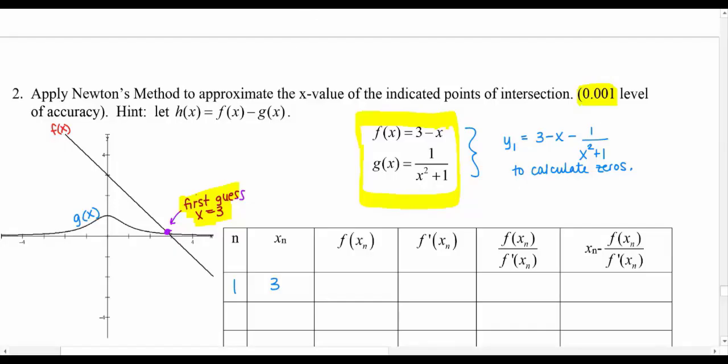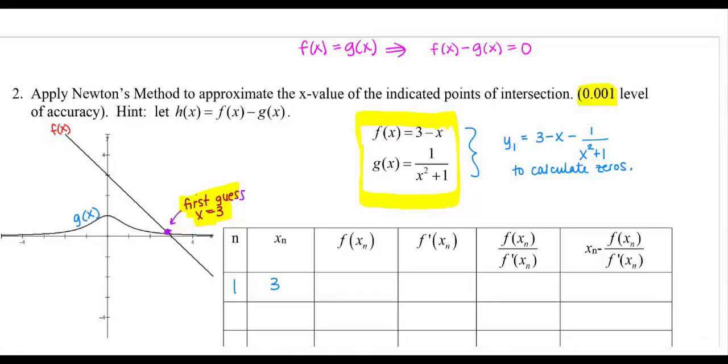If I'm solving where does f of x equal g of x, another way to do that would be to subtract g of x from both sides, and now you're looking for a 0. Again, you could have subtracted f of x from both sides, so you could say 0 equals g of x minus f of x. It really doesn't matter.